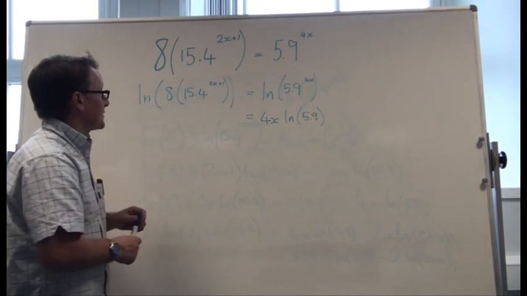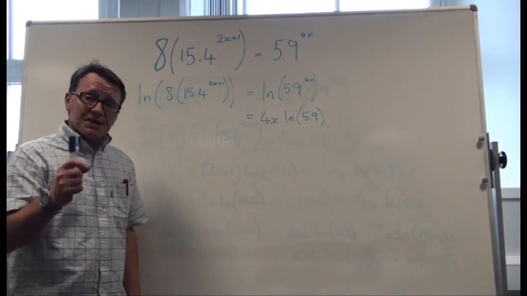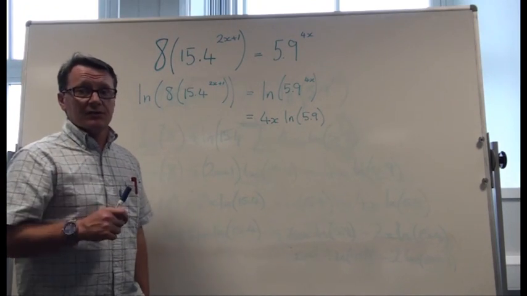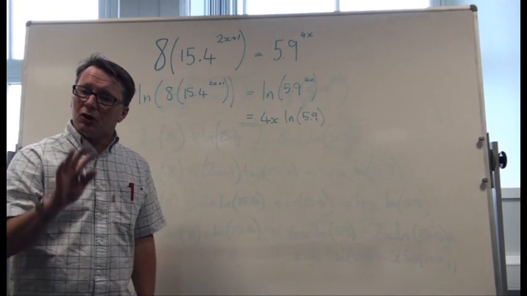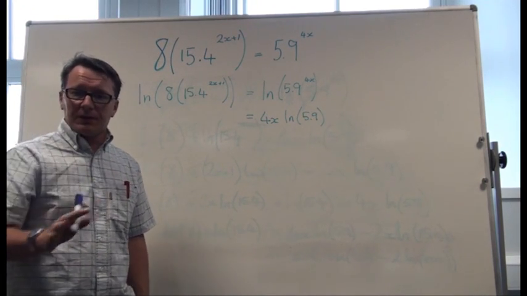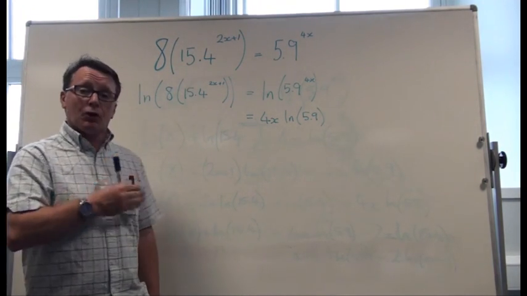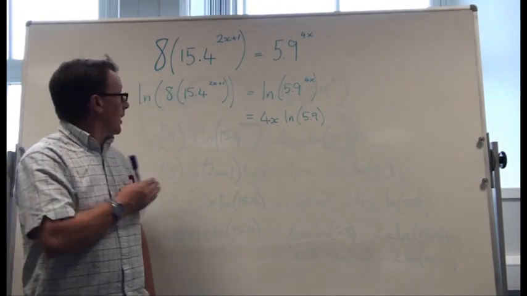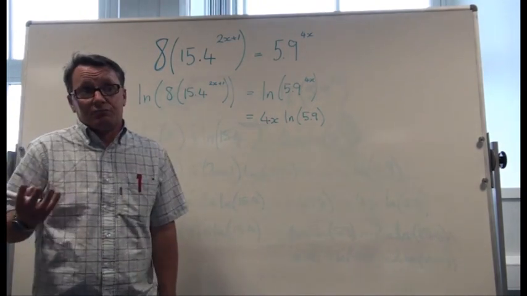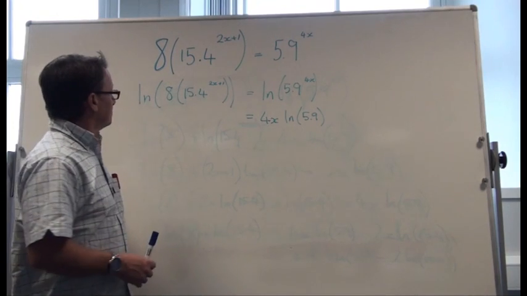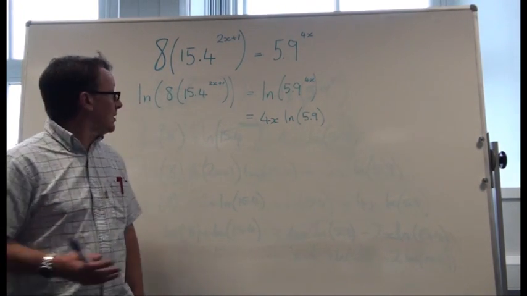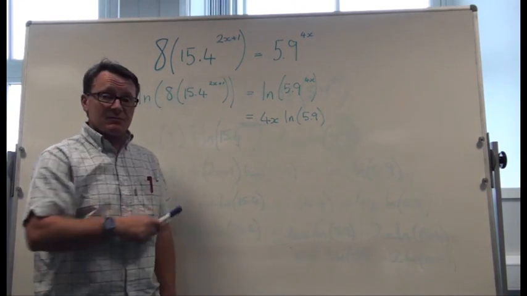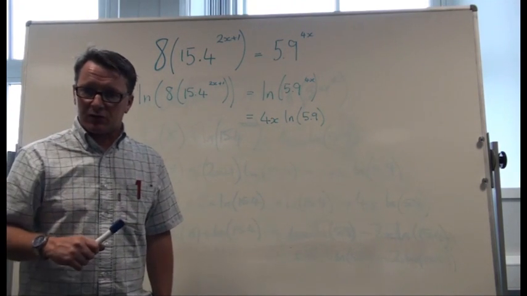Now the left-hand side. Resist the temptation at this point to say, there's a power, I can just bring the power down. You can't, because it's a bit more complicated on this side. We've got the product of two quantities, the product of two expressions: 8 times 15.4 raised to the power 2x plus 1.